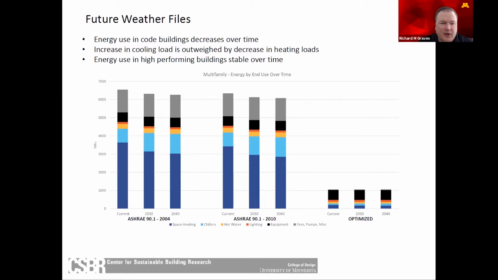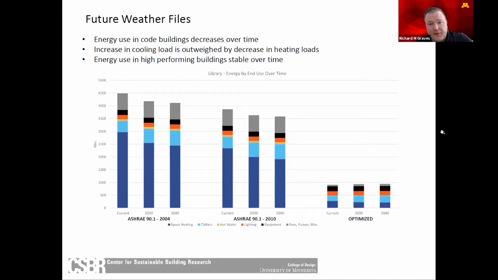If you look at these buildings designed to old energy code versions and then the optimized version, they're using a lot less energy over time. And actually there isn't a significant performance difference with the new climate files, because they are so much better insulated to mitigate some of these changes. This was true for the multifamily building, and next slide, also the library building over time.